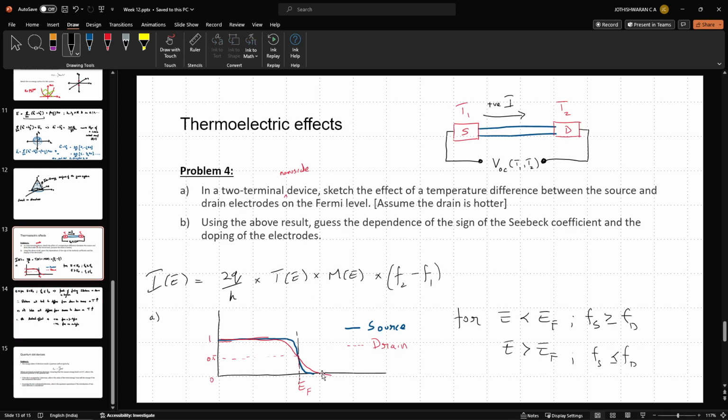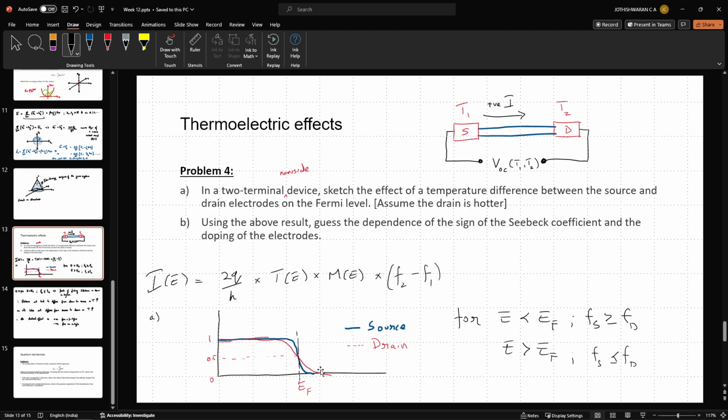Because again, what we are trying to do is move electrons from here to a place that is... So essentially, as I'm increasing this temperature, more and more electrons can move from the drain to the source, as the drain gets hotter and hotter.